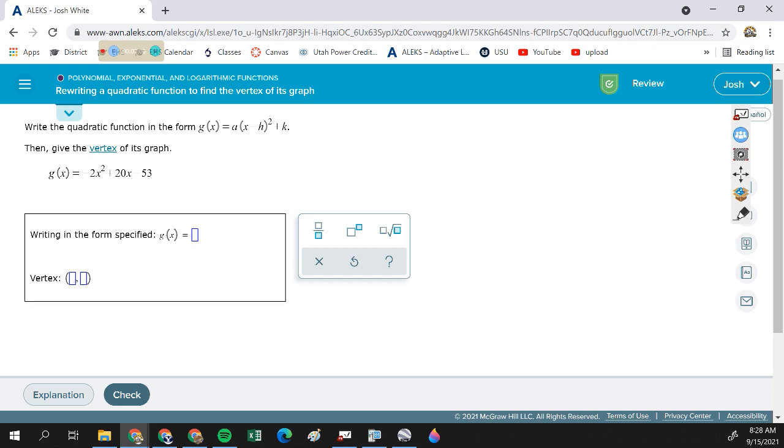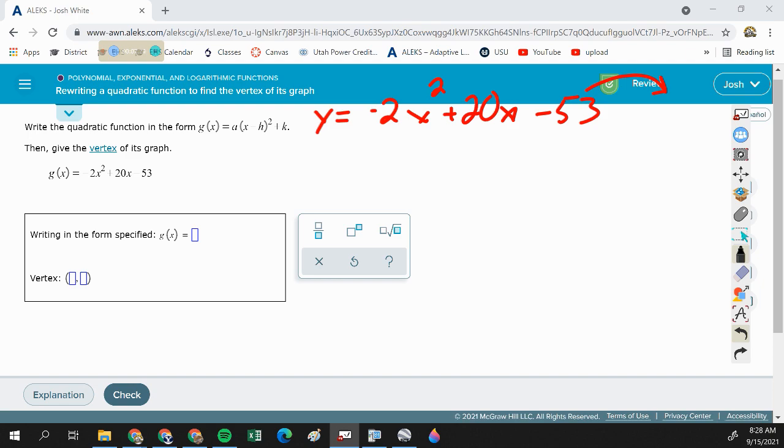So this is the same basic idea, but now there's a leading coefficient. So y equals negative 2x squared plus 20x minus 53. So I need to bump that out of the way. y equals negative 2x squared plus 20x, leave a space, minus 53.